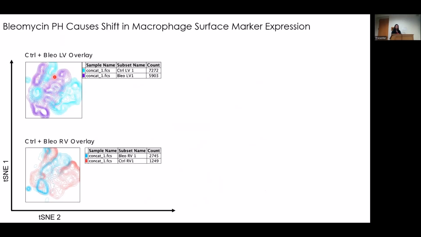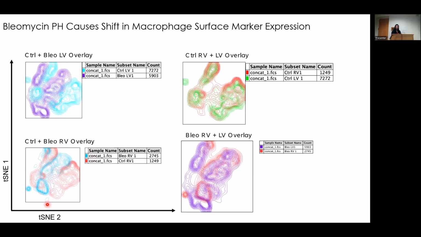What you see is that there's a shift in the overall macrophage surface marker expression, so these populations don't overlap with each other, and the same shift happens in the right ventricle if you overlay the right ventricular control macrophages on the bleomycin macrophages. In contrast, if you combine the right ventricular and left ventricular macrophages together, they overlap pretty similarly.